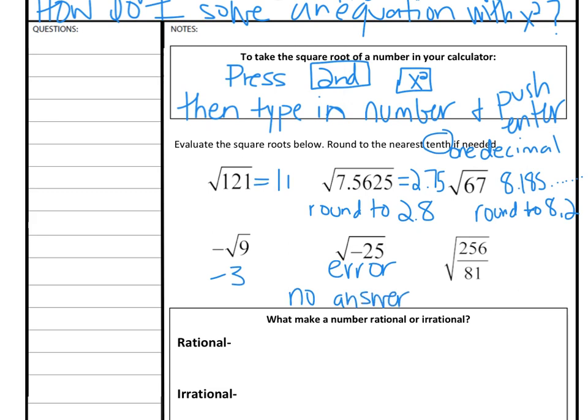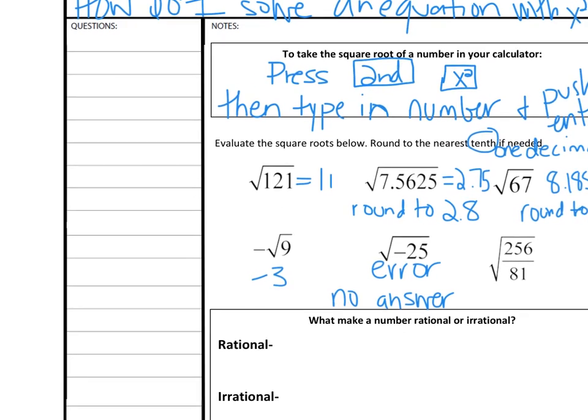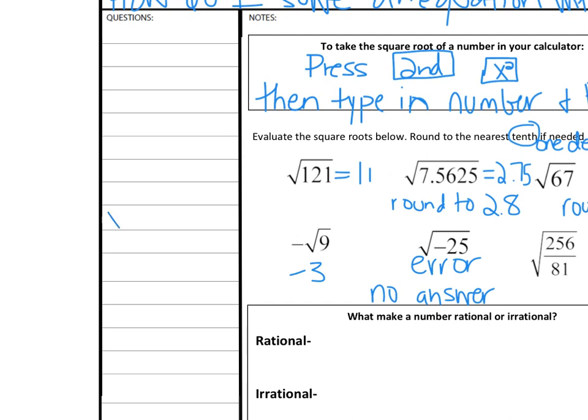Our last one is a fraction, and you can type this in your calculator. I'm going to write over here on the side what that would look like. I would push my square root button, and sometimes it pops up a parenthesis when you do that. Then you would type in 256, and that fraction line means divide. So I would say divided by 81, and then it would give me the answer.